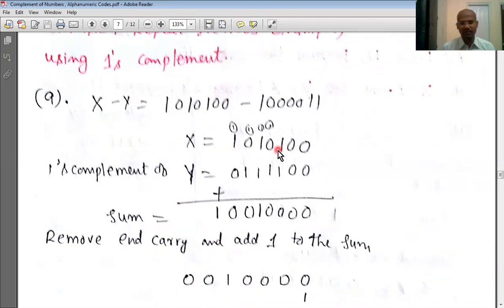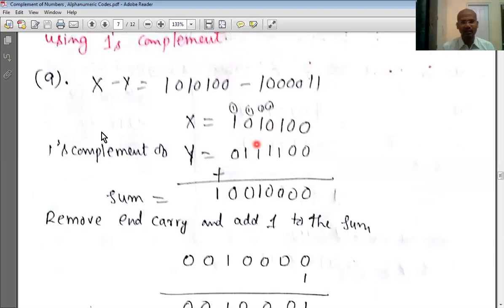For y, we should not write y as it is. Instead, write the 1's complement of y. Why 1's complement? Because in the question it is asked that we use the 1's complement method for subtraction.